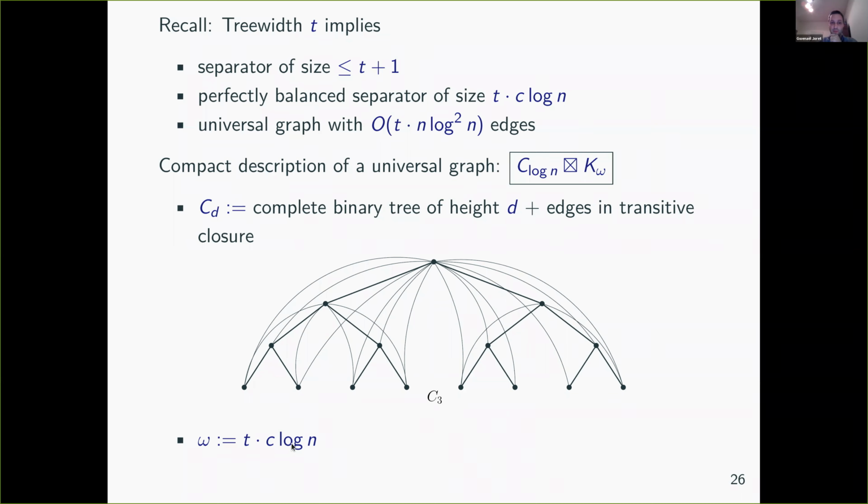So every edge gives rise to about T squared log squared n edges. So we have a blow up which is slightly more than what we have here in terms of the number of edges. But if you fix T, it's still n times polylog, and that's good enough for what we are going to do. And what is really nice is that it's a really easy way to think about this universal graph. Okay, so that's the one I'm going to use next. C log n times a clique.